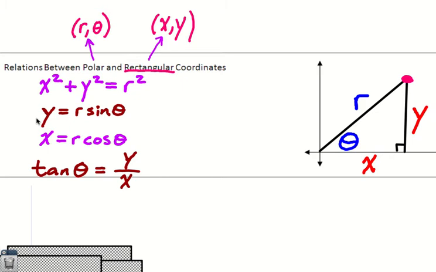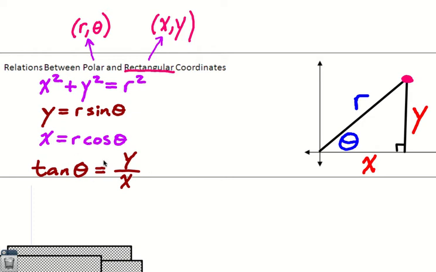Since sine of theta equals y over r, then it's a very tiny leap from saying that to saying y equals r sine of theta. Likewise, it's a very small leap from saying that the cosine of theta equals x over r to saying that x equals r cosine theta.